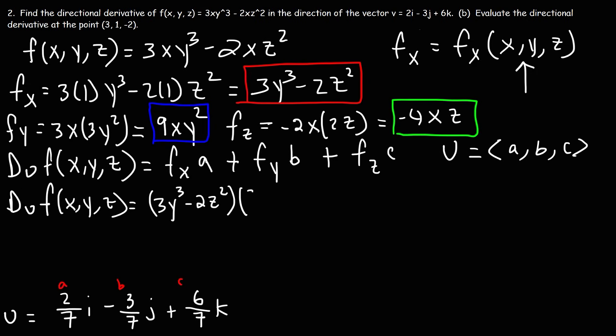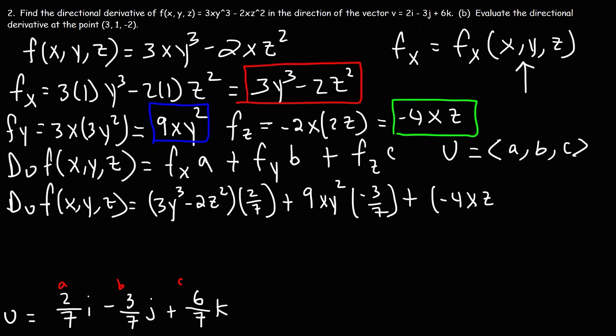So that's going to be times 2 over 7. And then plus f sub y, which is 9xy squared, times b, that's negative 3 over 7. And then plus f sub z, which is negative 4xz, times c, which is 6 over 7.